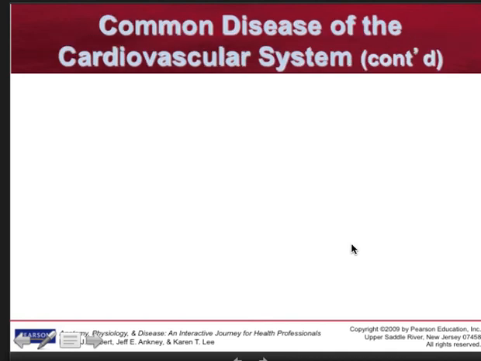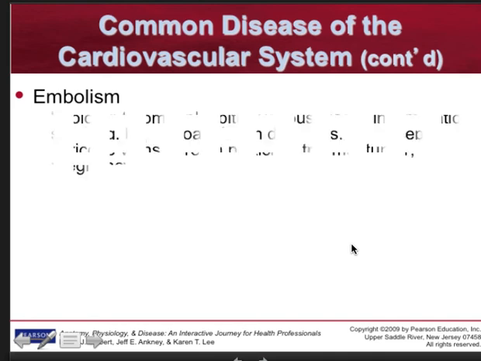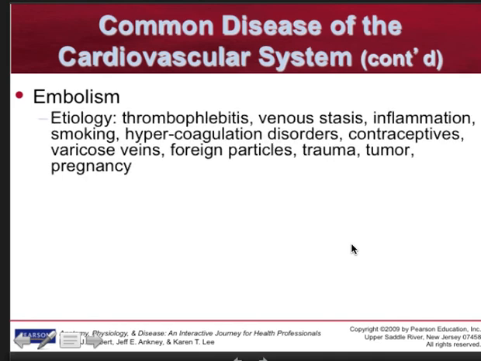Okay, embolism. It's caused by thrombophlebitis, venous stasis, inflammation, smoking, hypercoagulation disorders, contraceptives, varicose veins, foreign particles, trauma, tumor, and pregnancy. All of these can trigger spontaneous clotting. Dangerous thing. So what do we do about it?